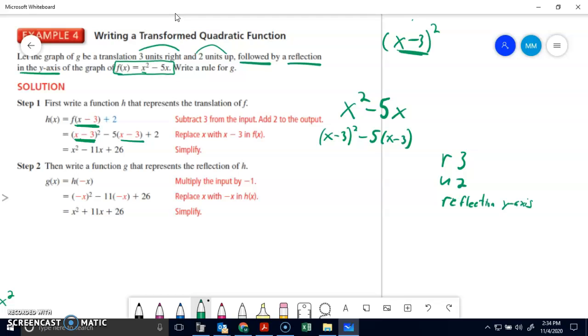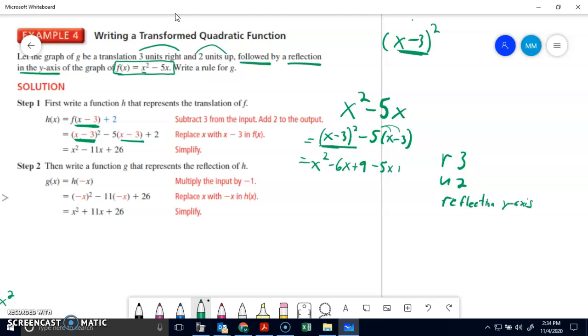Now we need to simplify this out. I'll do the plus 2 in just a moment. Let's simplify this. So I have x minus 3 squared. That's x squared minus 6x. Don't kill the puppy. Don't just say plus 9. There's a middle term there. We talked about that. Minus 6x. And I need to distribute the 5 as well.